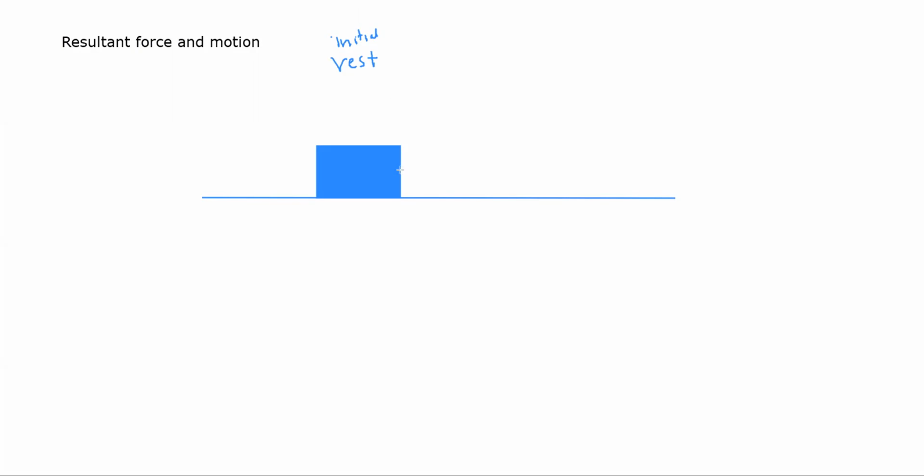And you pull this object towards right with a force of 5 Newton, and another person pulls in the opposite direction with a force of 5 Newton. The question is, what is the resultant force on this object? It is 0, because plus 5 and minus 5 make 0.